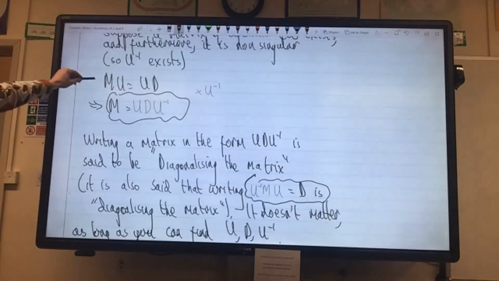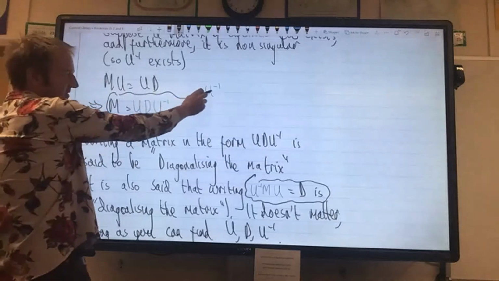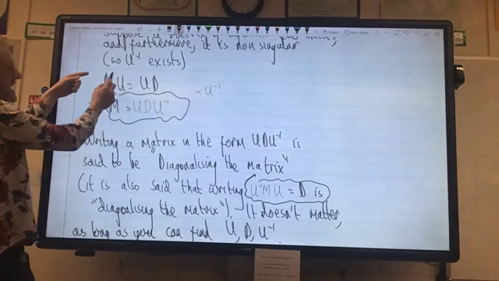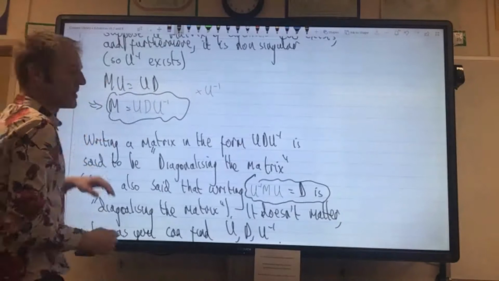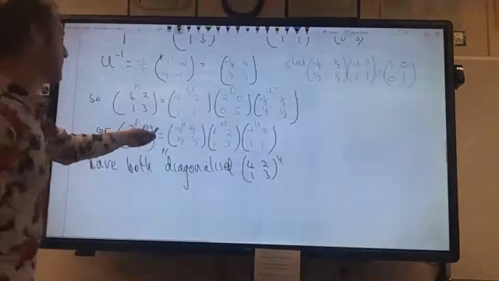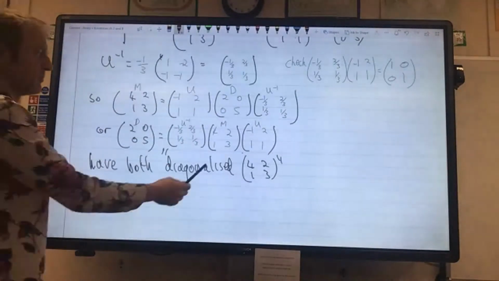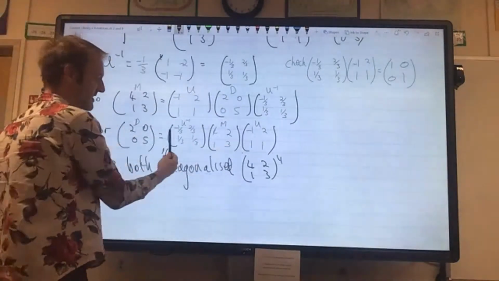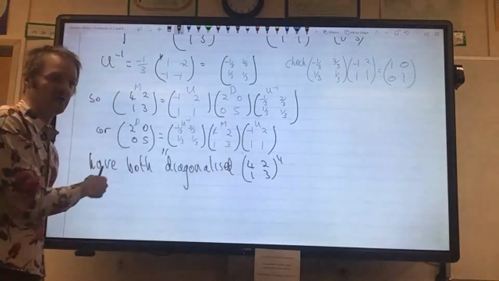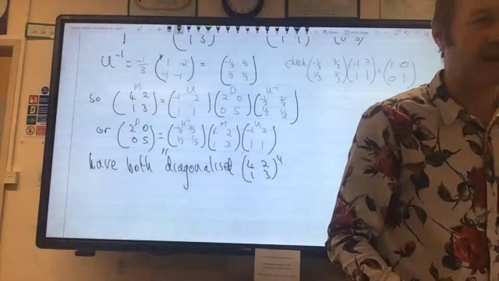To go from here to here, I post-multiplied by the inverse of U. If I'd pre-multiplied both sides by the inverse of U, I'd end up with D equals U minus 1 M U. I was hoping someone would either in their head or with a calculator check that these three matrices multiply to 2, 0, 0, 5. But if no one's checked it, then we'll just assume I'm right.